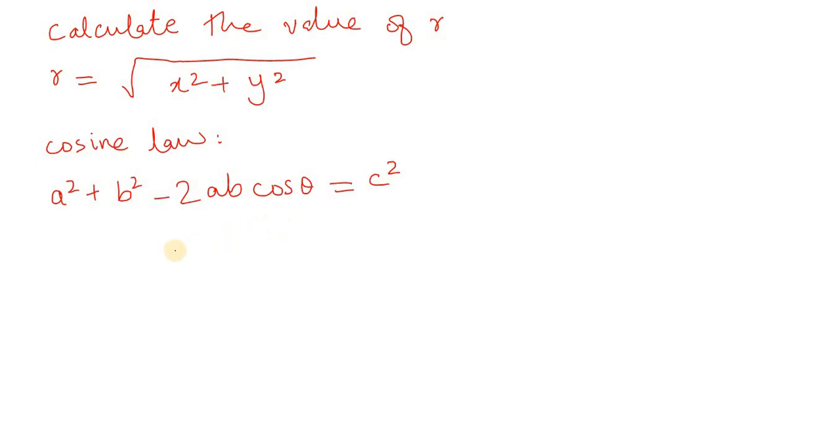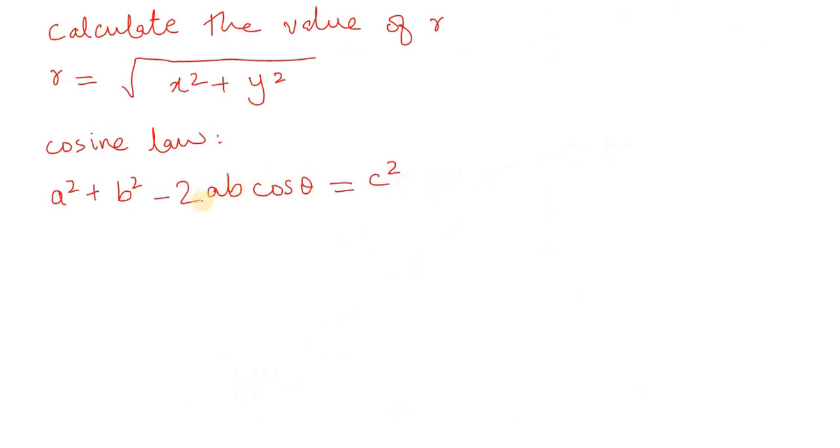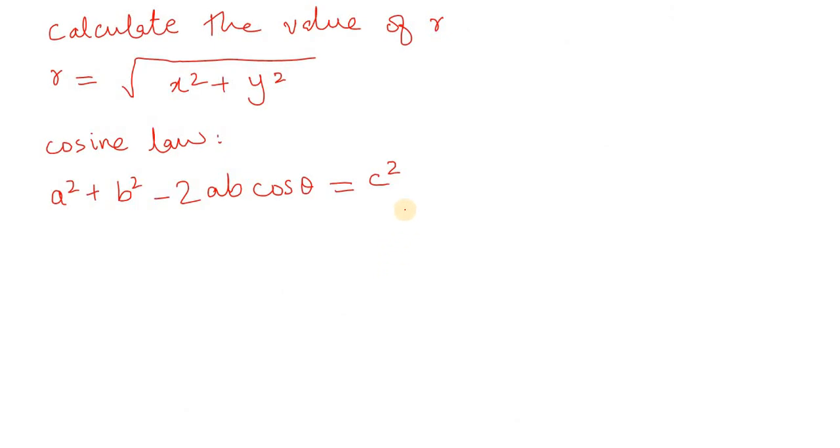It means that within this triangle, the sum of the squares of two sides minus the product of the two sides and the cosine theta is equal to the square of the other opposite side. This thing we try to implement here.